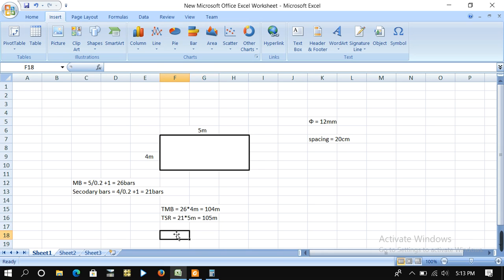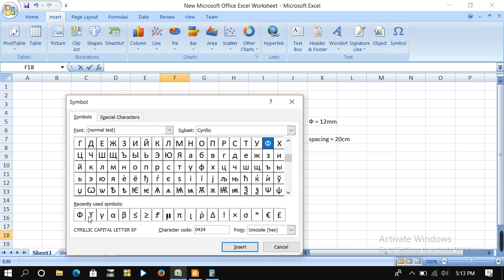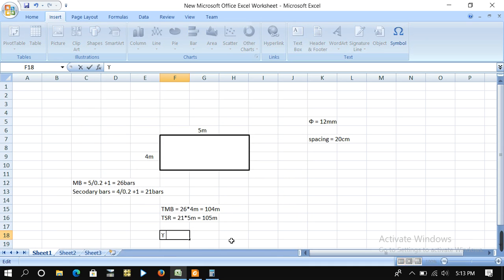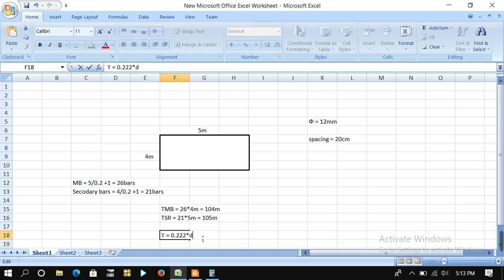So we have the formula for doing that. Using the symbol here, unit weight, insert, and then the formula is going to be 0.222 multiplied by diameter squared, so we can use d squared, divided by 36.